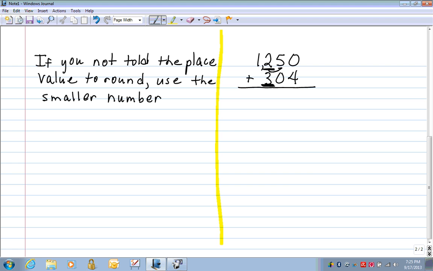So I find my places, I look next door. In this case, it's 5 or greater, so I add one more. In this place, it's 4 or less, so I don't add anything. This number becomes 1,300. This number rounds to 300 because I'm not adding anything to it.